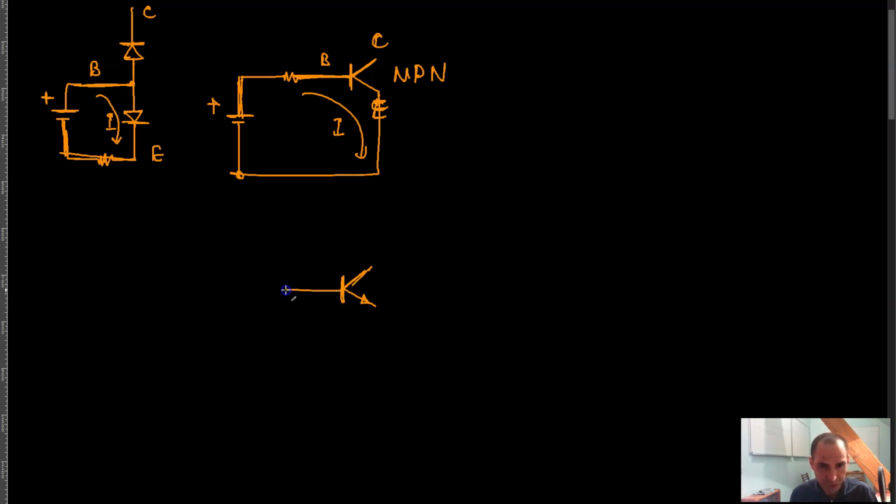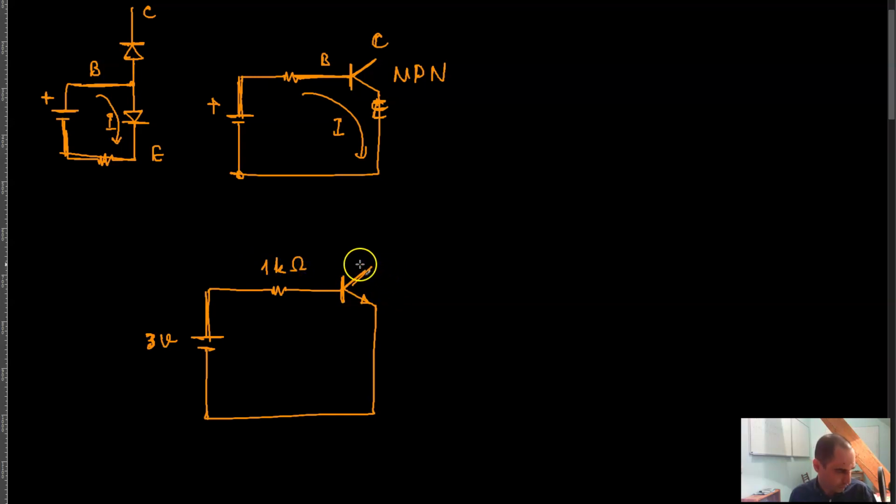And suppose that I connect this to a resistor over here, to the positive pole of a power supply, to the negative pole over here, back to the emitter. Suppose that my power supply is 3 volts, and this is a 1 kilo ohm resistor. If I do this, there would be some current going through this circuit, which is I, and I can call this I_B because this is essentially the base current of the transistor, right?